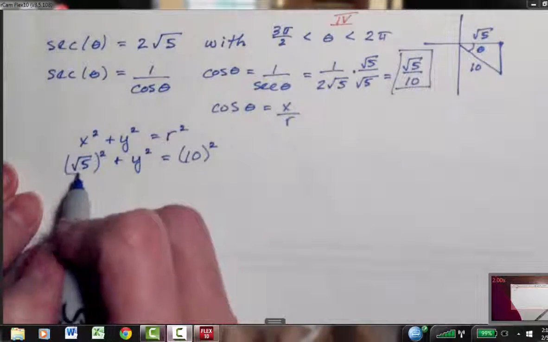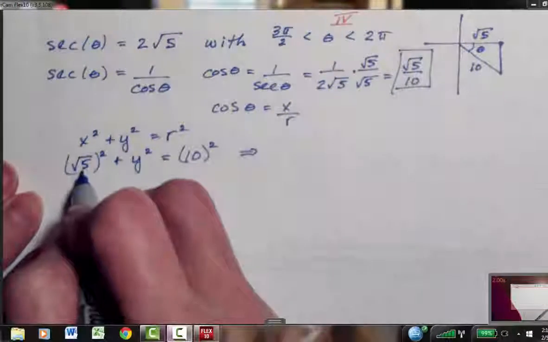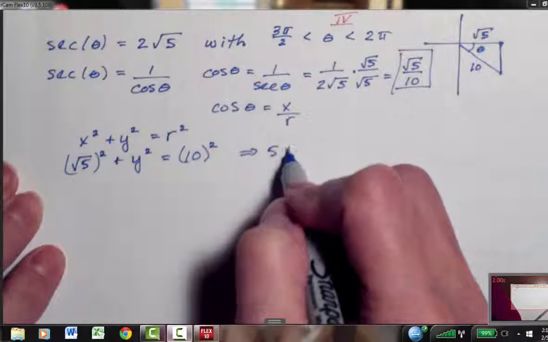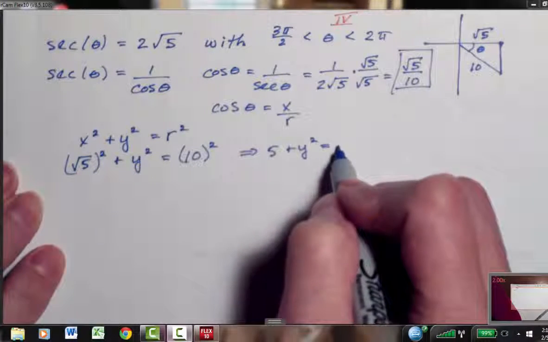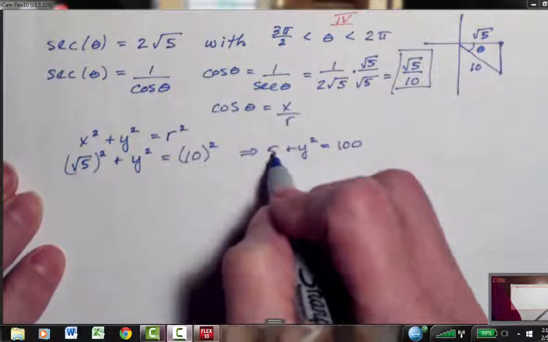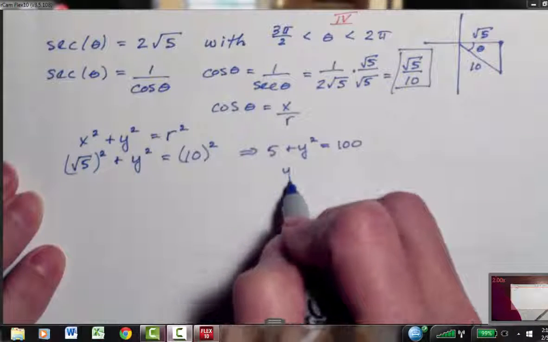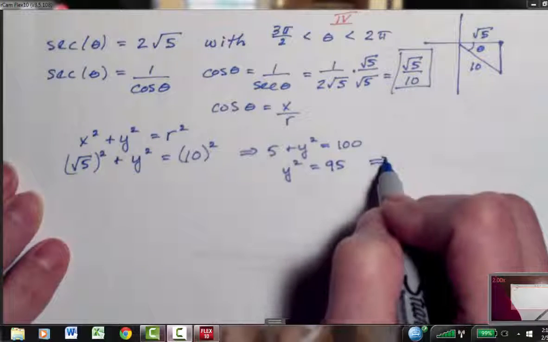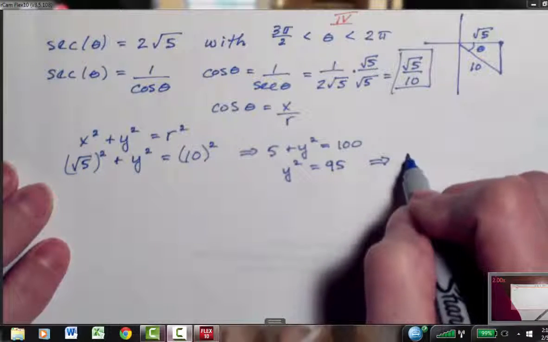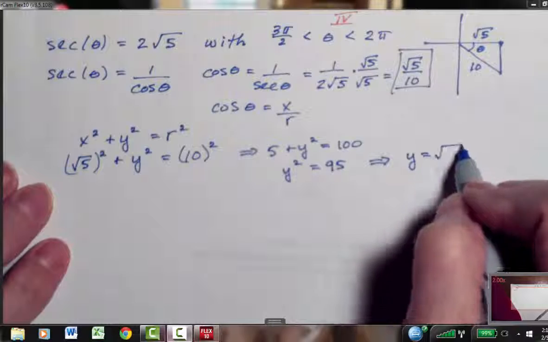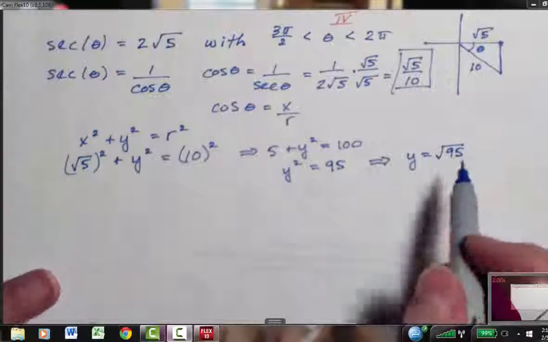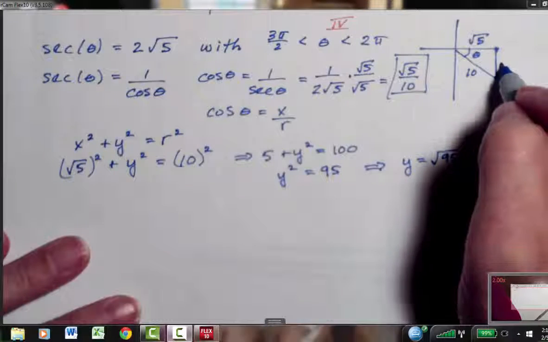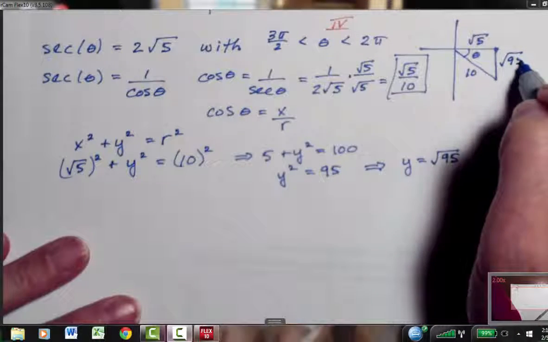Then that means that we have square root of 5 squared gives me 5 plus y squared equals 100. Subtract 5 from both sides. Y squared equals 95. Take the square root of both sides, and that gives me y is equal to the square root of 95. So I can go ahead and put that on the side that I have missing. This is the square root of 95.